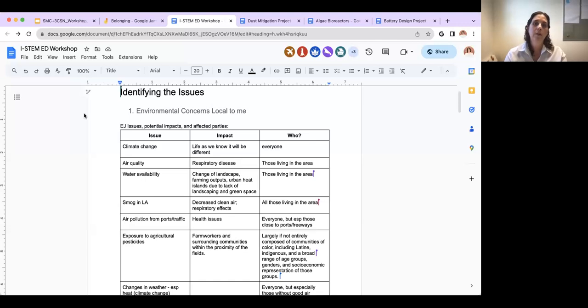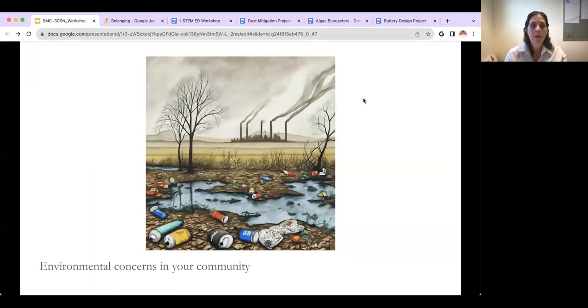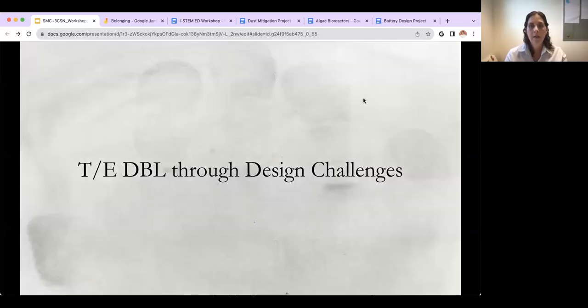So I'd like to appreciate what you have so far, and I'd like to come back over to the slides for a minute. With these environmental concerns in mind, I'd like to introduce you to the idea of technology and engineering design-based learning through design challenges. I think one of the strengths of these design challenges is that you don't necessarily have to be a so-called STEM person to do them.